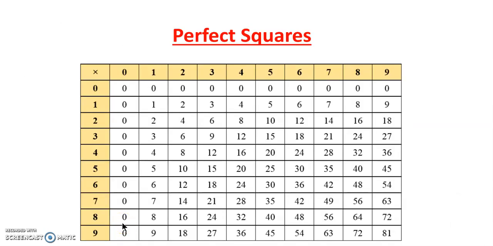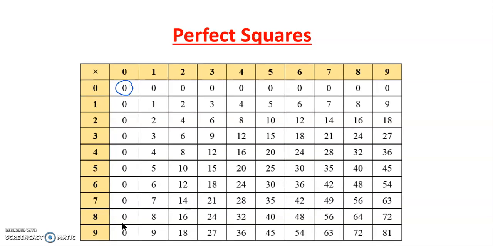If we look at our kind of old school times table, we can find the perfect squares in the middle. So 0 times 0, 1 times 1, 2 times 2, 3 times 3, 4 times 4, 5 times 5, 6 times 6, 7 times 7, 8 times 8, and 9 times 9. So those perfect squares make a perfect diagonal line right in the center of our multiplication table.